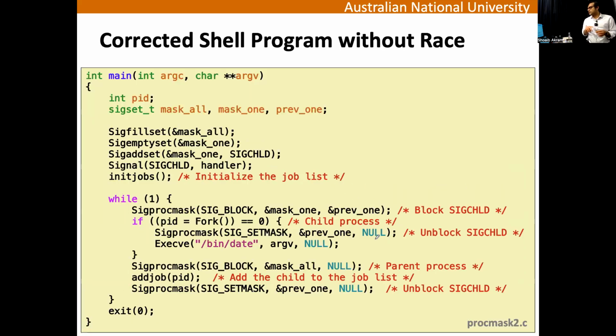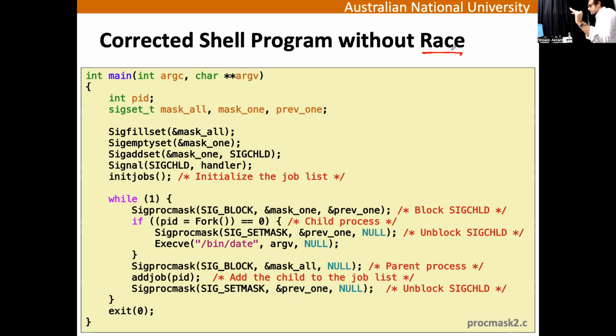Now, are there any races? A race is between two events. When two events could take place at the same time, but we are only interested in a specific ordering of events, that's when there's a race. And we need to do something special to prevent the race condition.